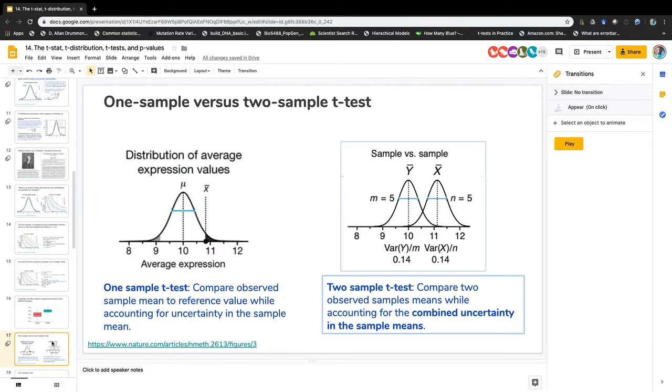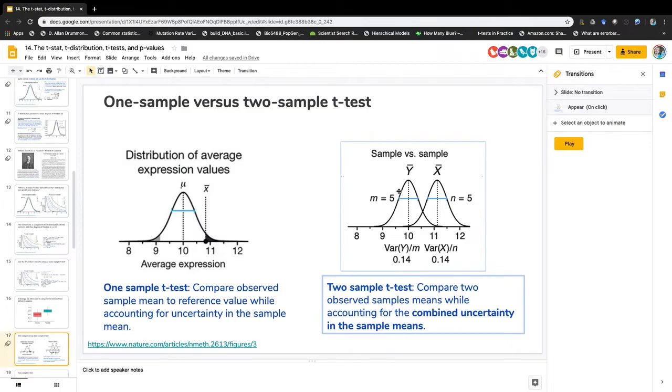So in contrast to the one-sample t-test on the left, where we're comparing our sample mean to some well-established reference mean, modeling the noise by the standard error of our sample mean, when we're comparing two samples, we're looking for the difference in the means of our samples, with respect to not just the uncertainty in the mean calculated for one condition, but also accounting for the uncertainty in the mean calculated for the other condition.